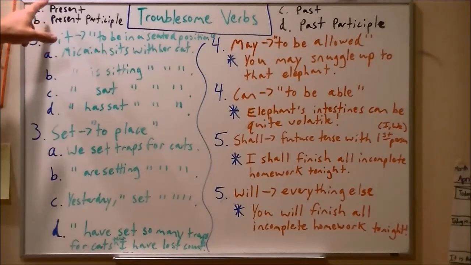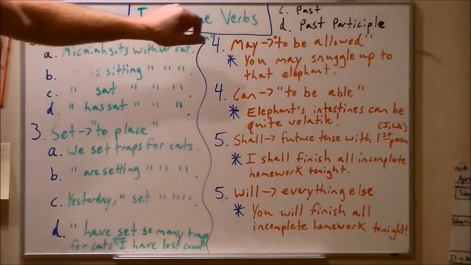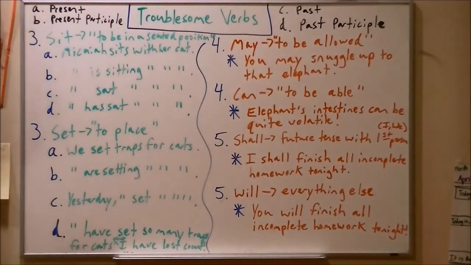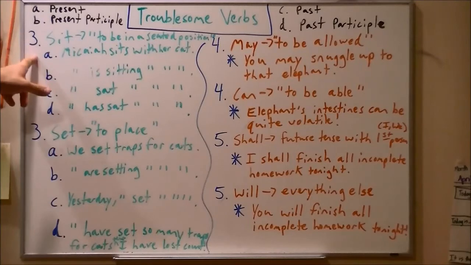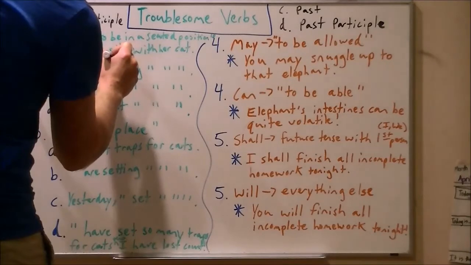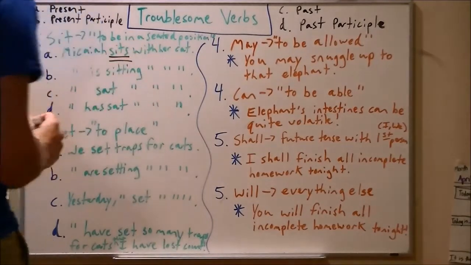So let's go through the present, present participle, A and B, C, past, and D, past participle verb tenses. So 3A, let's pick on Micaiah. Micaiah likes animals. So Micaiah sits with her cat. That means she is in a seated position, Micaiah herself with her cat.